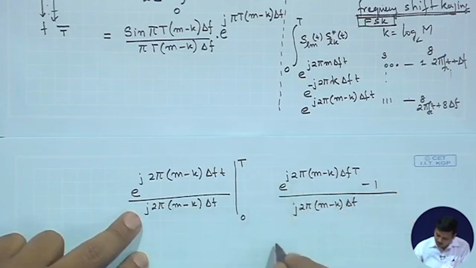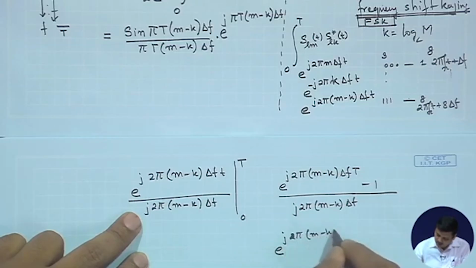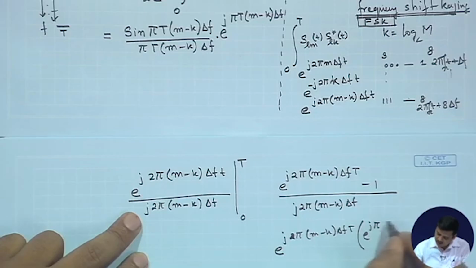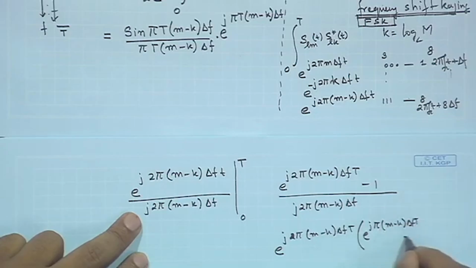So, you could take out e to the power of j pi (m minus k) delta f T from this, and you will be left with e to the power of j pi (m minus k) delta f T minus e to the power of minus j pi dot dot dot, and in the denominator you have 2 j pi (m minus k) delta f.